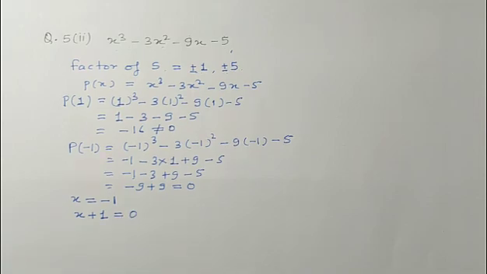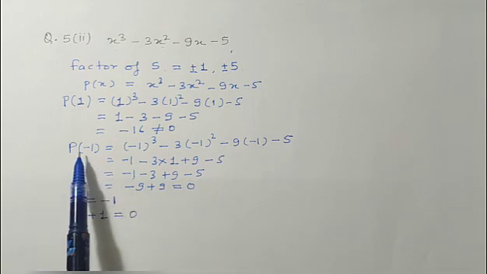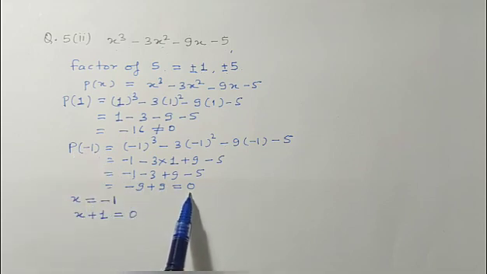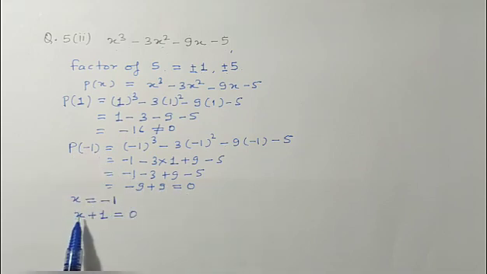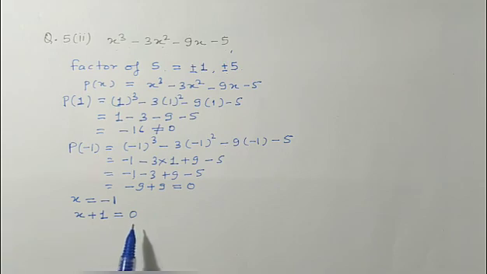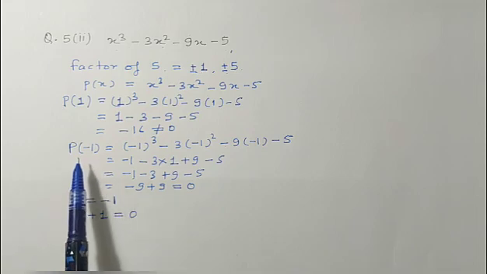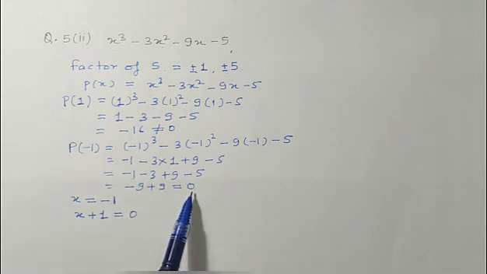Remember the definition of the factor theorem? In that statement you have read that if p(a) is equal to 0, then x minus a will be a factor of the polynomial. So here also we have found p(-1) becomes 0.